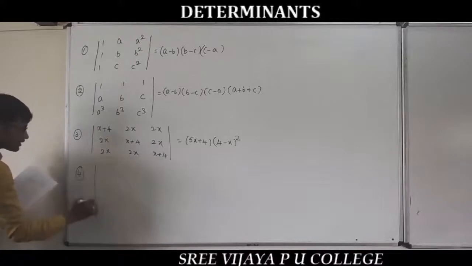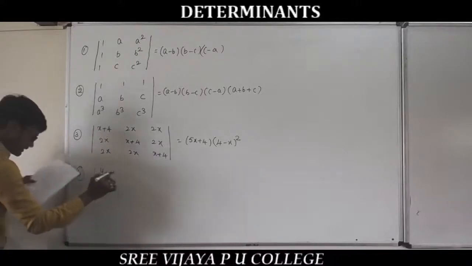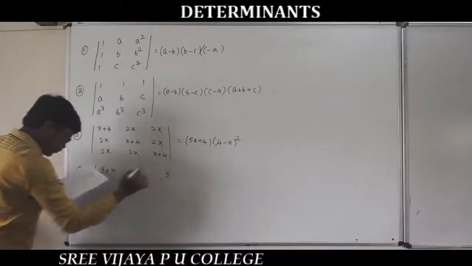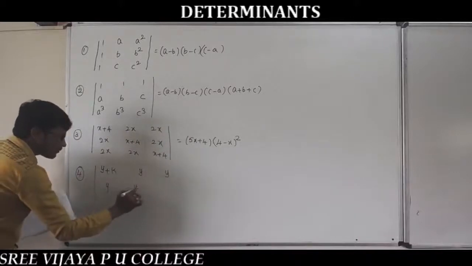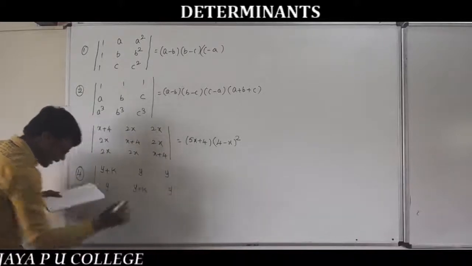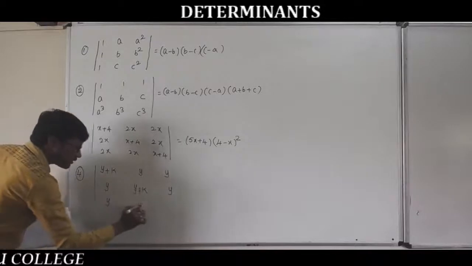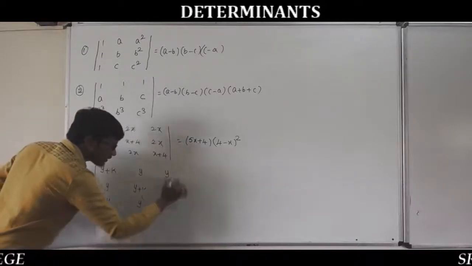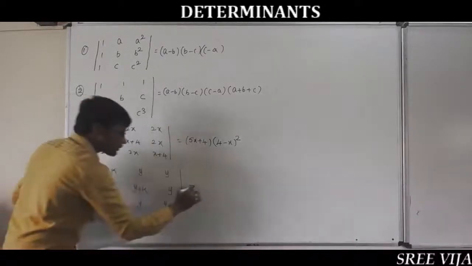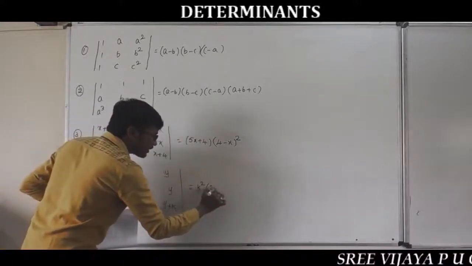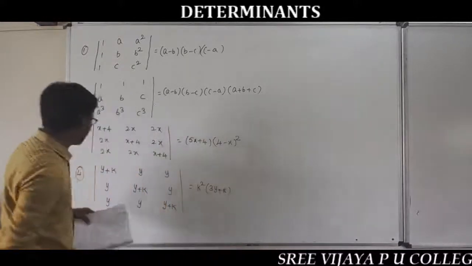Next, determinant of y plus k, y, y; y, y plus k, y; y, y, y plus k will be equal to k square into (3y plus k).